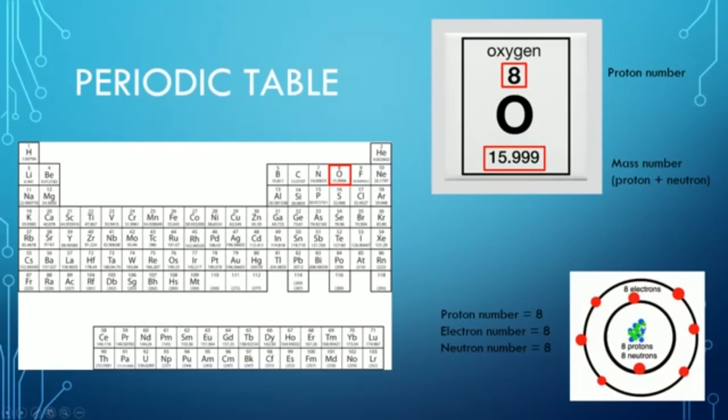So when we put that into a diagram, you've got the 8 protons and the 8 neutrons inside the nucleus, and in the first shell, because it can only have 2 electrons, you put the 2 electrons there, and the rest is in the outer shell. The really important thing is initially just to draw the rings and fill in the electrons from the innermost shell, and then go outwards.